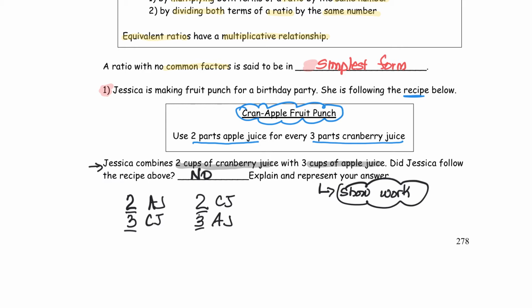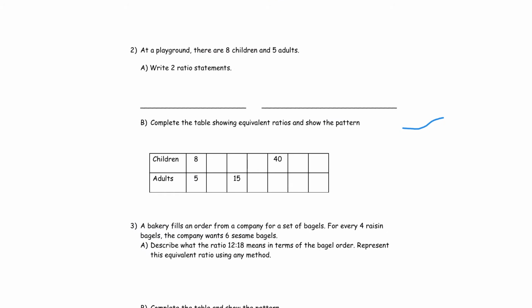Okay, let's do some more practice. Ready? Let's go to the next page. At a playground, there are 8 children and 5 adults. Write 2 ratio statements. Okay, so they're asking you for this one to write 2 ratio statements. We said yesterday ratio statements are, let's write this down, ratio observation. So a statement that you're going to make is an observation based on information given.